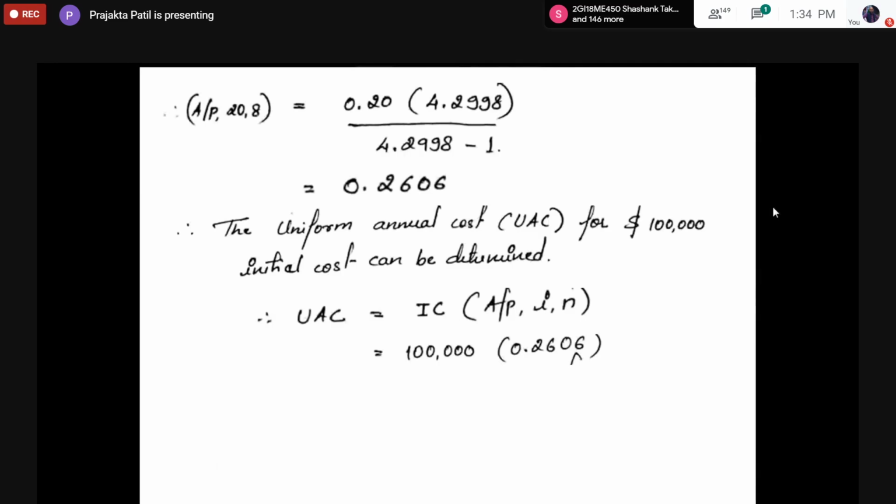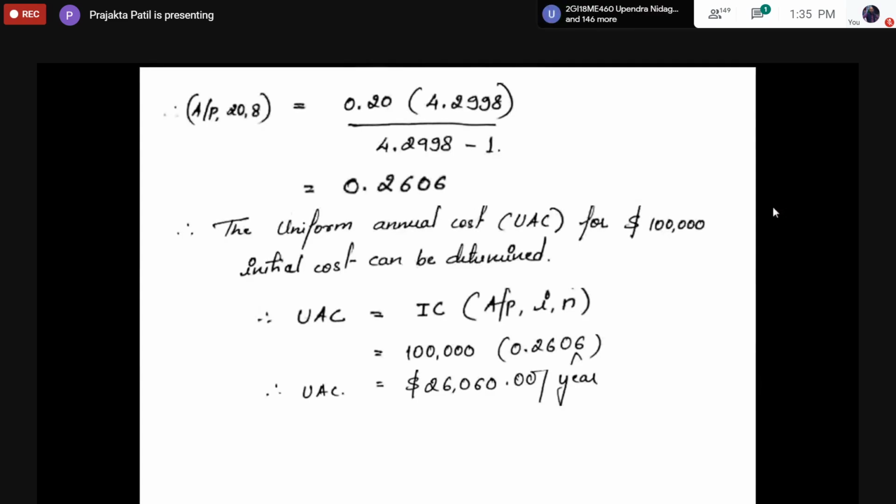What is UAC? Is this what you're getting? It is $26,006 per year.